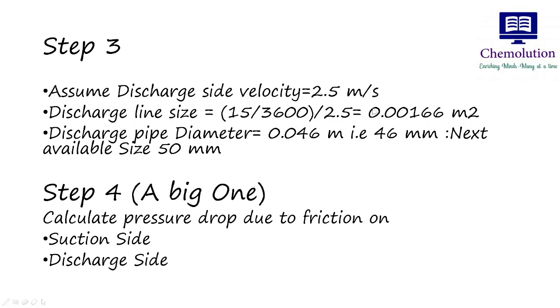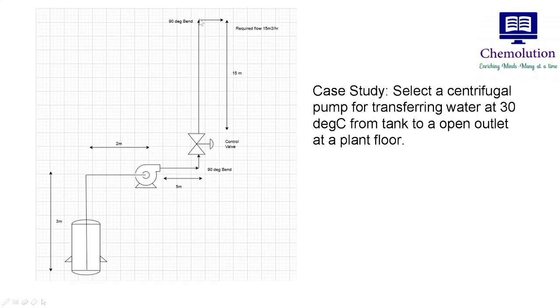We will equate this pi by 4 d square with this value, and we will find the diameter, which will come out as 0.046 meter. The next commercially available size will be 50 millimeter, so around 2 inch. So we will have a discharge piping of 2 inch.